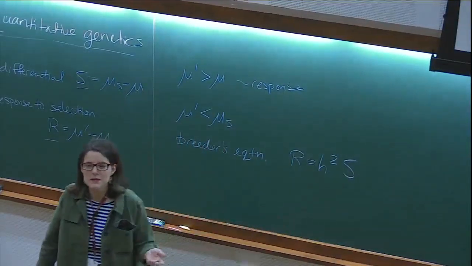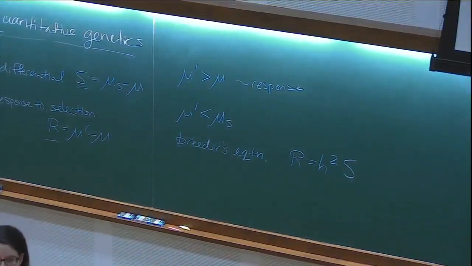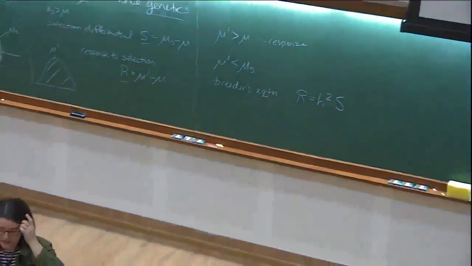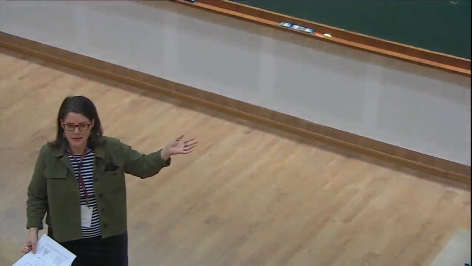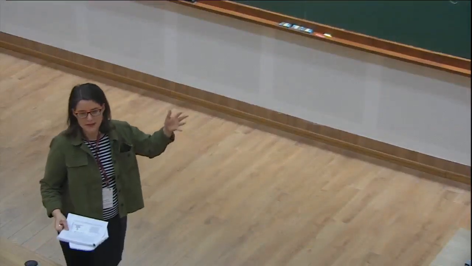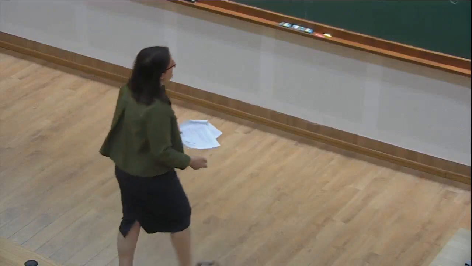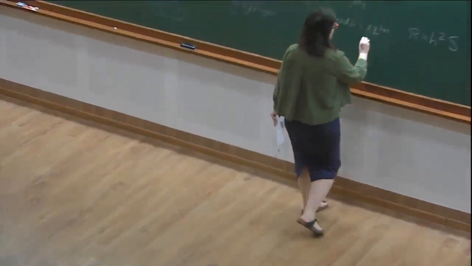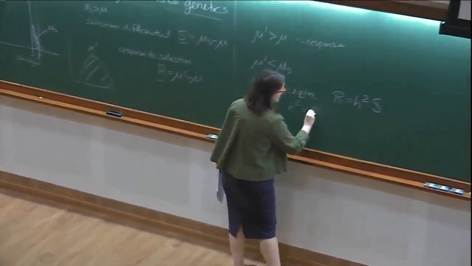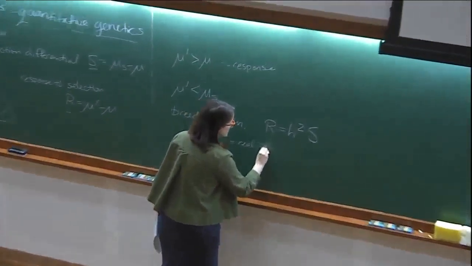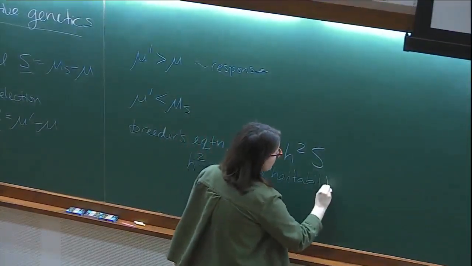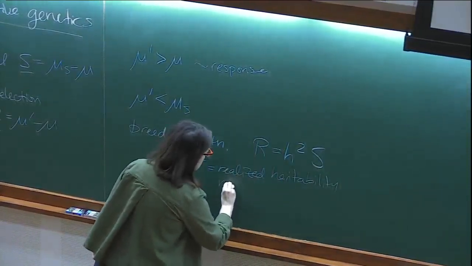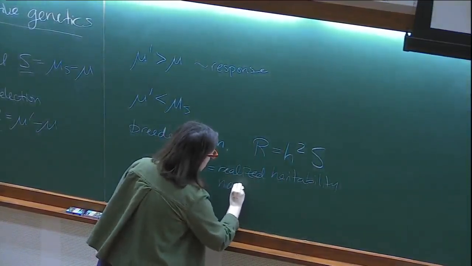For reasons lost to history, we never give h. It's not like the square root of this quantity is something; it's always h squared. H squared is sometimes called the realized heritability. It's also sometimes called the narrow sense heritability.